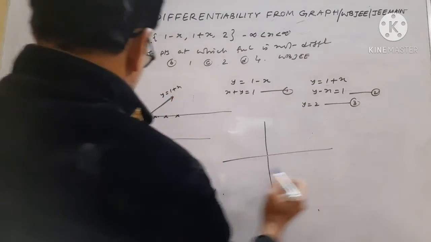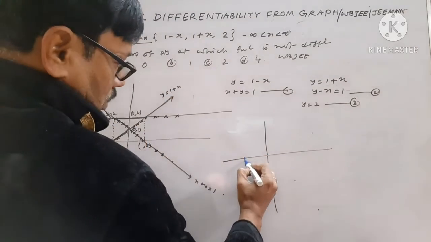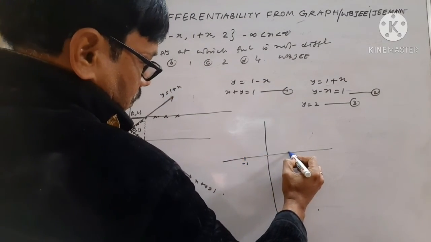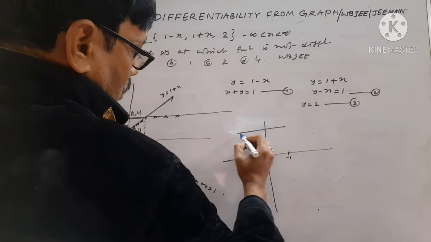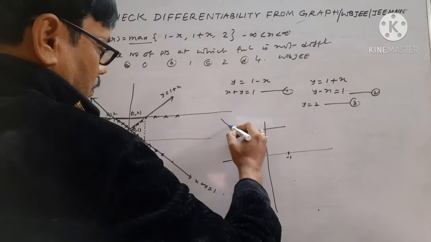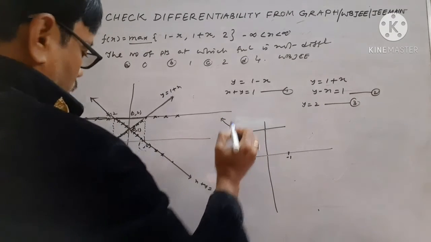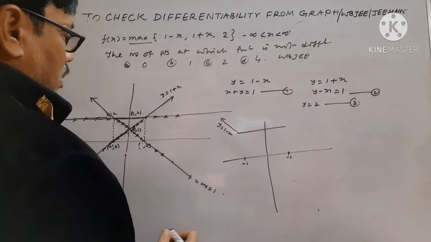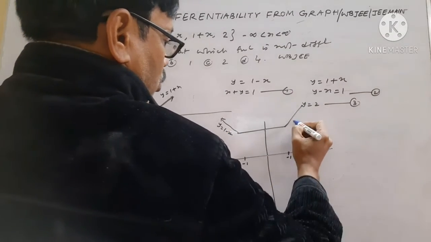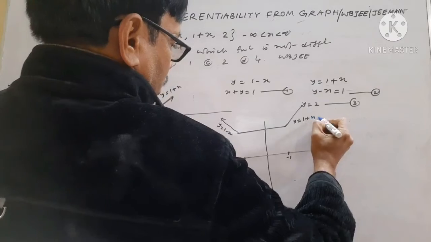You look, minus 1 to plus 1. So this is y equals to 2. And this is y equals to 1 minus x. This is y equals to 1 plus x.